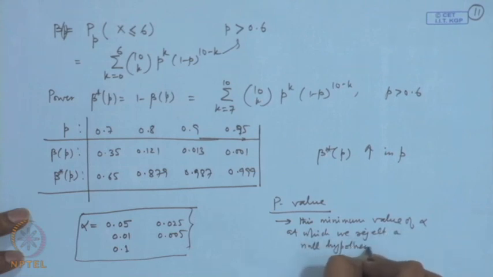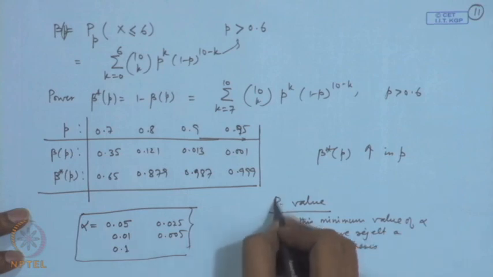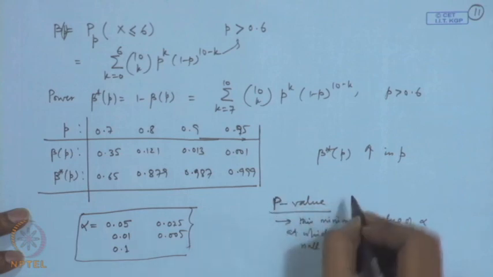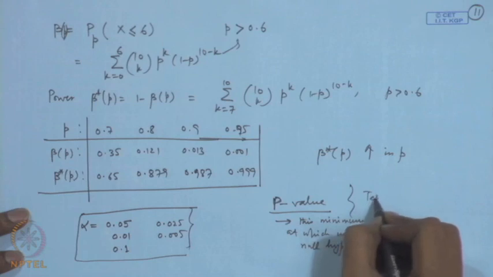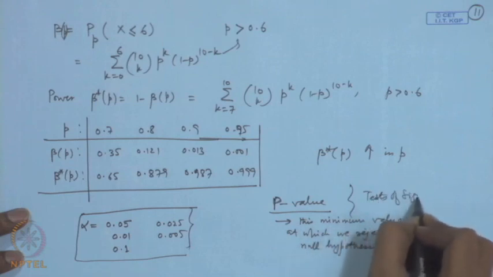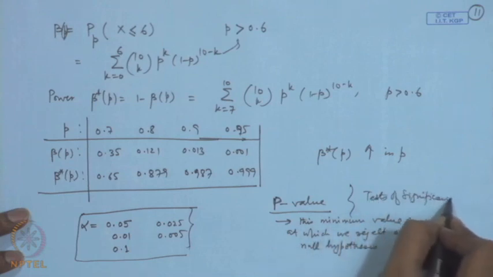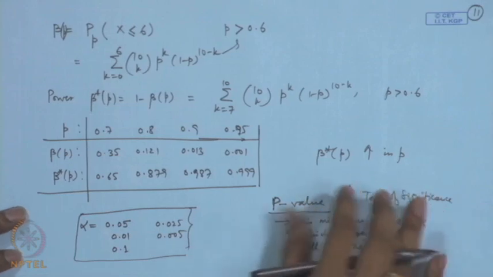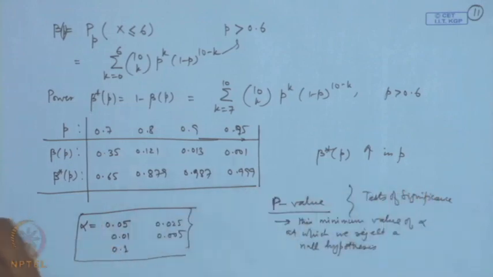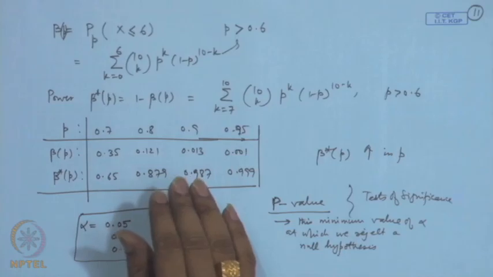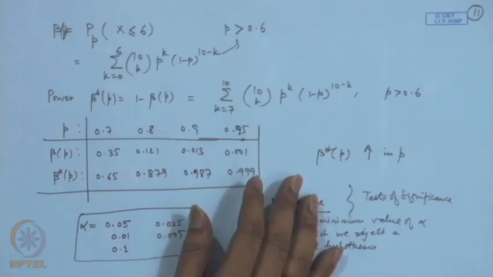This is called tests of significance or the p value. We will discuss this procedure a little afterwards. Firstly, we will discuss the Neyman-Pearson theory, but this is an alternative way of carrying out the test of hypothesis here.